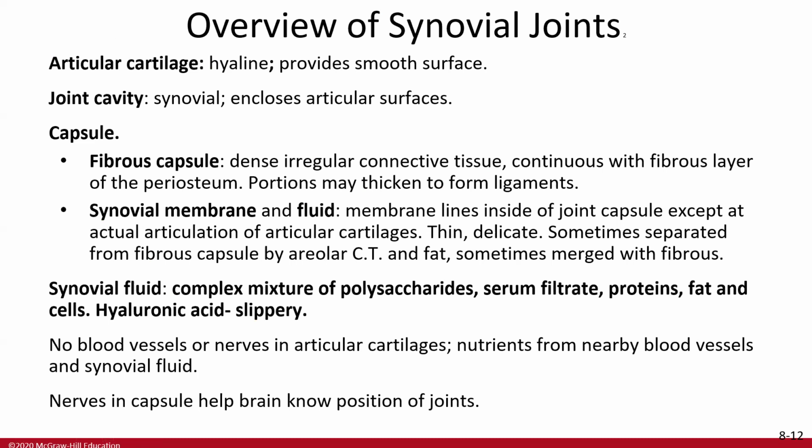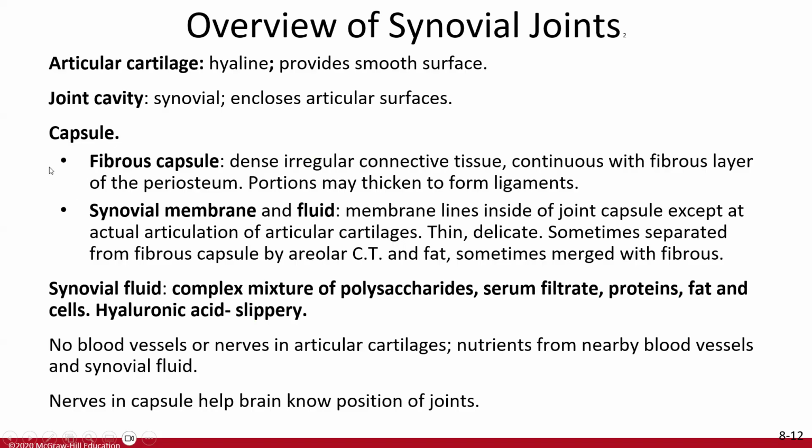So articular cartilage and hyaline cartilage are synonymous, and that's really just providing a smooth surface, preventing friction, giving us something to slide across. Our joint cavity itself is considered the synovial cavity, and it's going to enclose that articular surface completely.